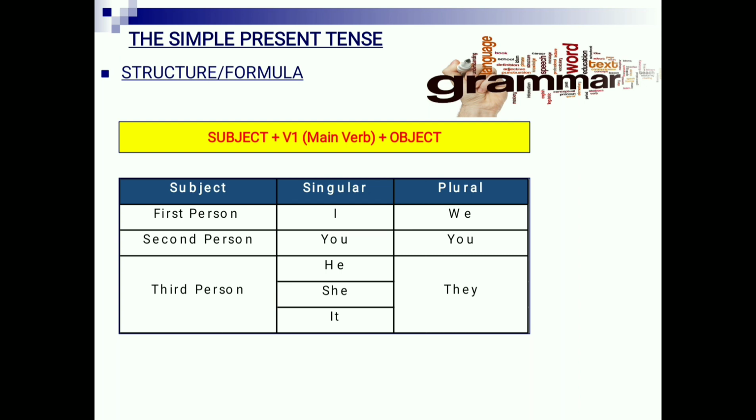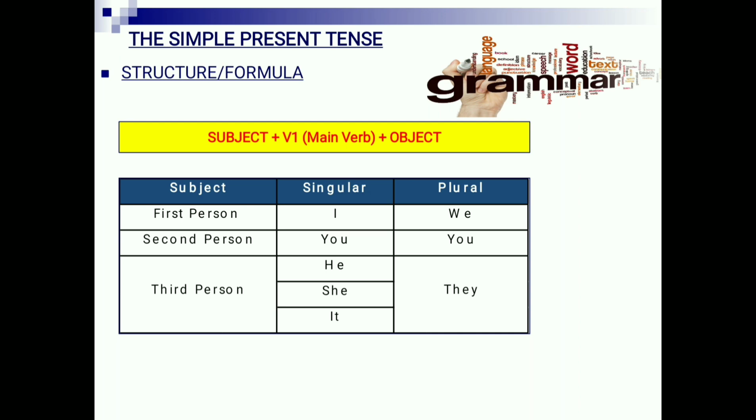When these subjects are there, that time we use V1 as it is. See, and when a third person subject is there in the sentence, like he, she, it, if the sentence starts by using a third person subject, that time we have to add s or es to the verb. I will give you some examples in the next slide.